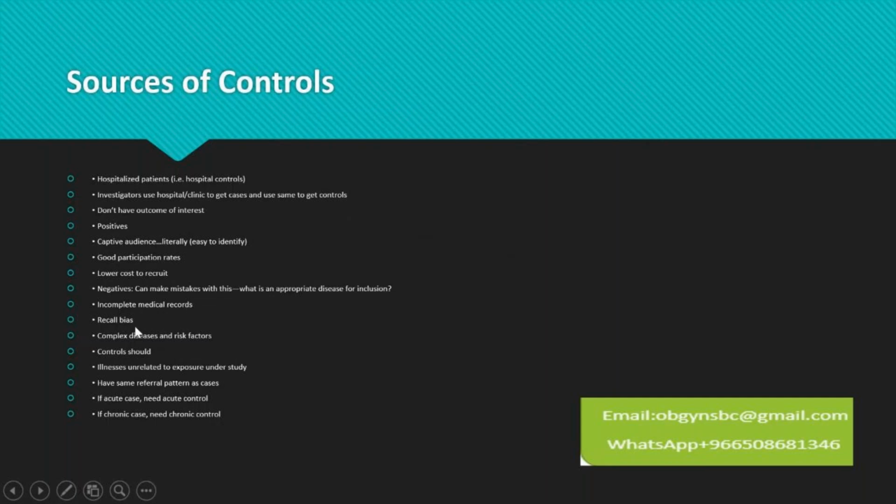Then recall bias. I will tell you about a study done on women whose children had hypospadias at the time of birth. The mothers were very upset, and when they were asked whether they were exposed to acetaminophen at the start of their pregnancy, more than 70% of the participants said yes, they had been taking acetaminophen very frequently.